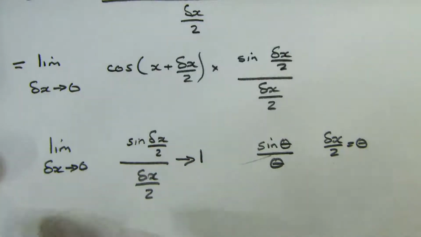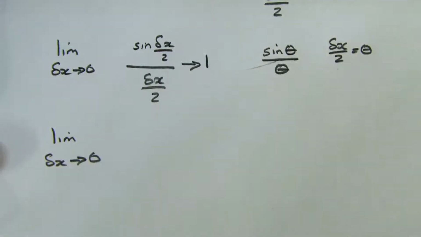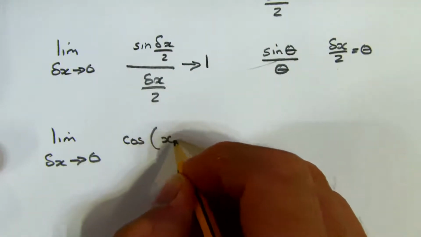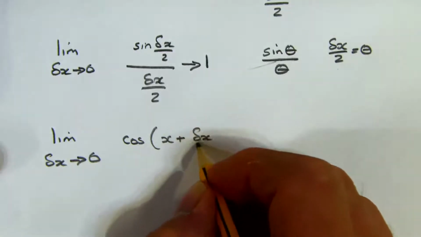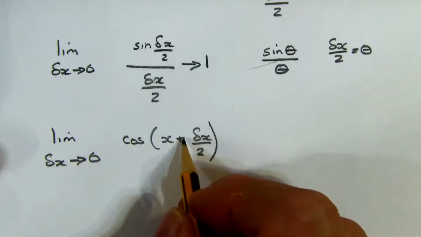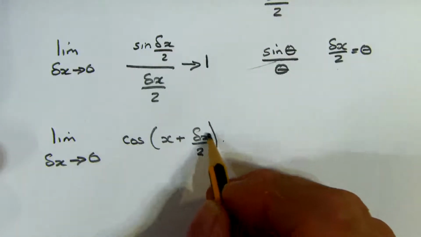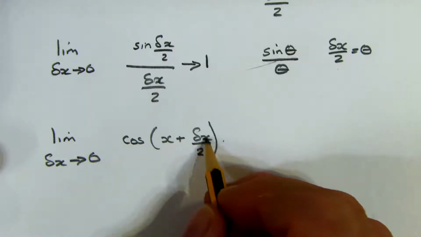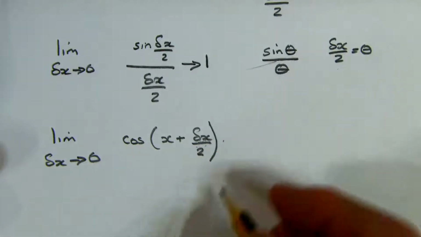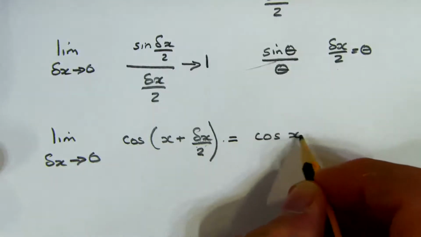We've got the limit of delta x tending to 0 of cos of x plus delta x over 2, and that sine term is just going to be 1, and this delta x is also tending to 0, so this is becoming a very, very small number, and so this will become just equal to cos x.